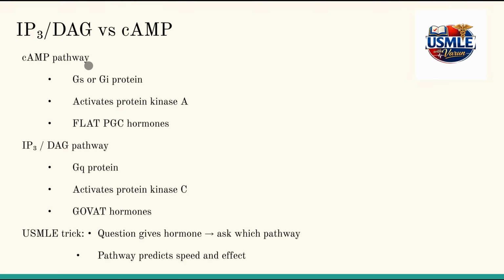So we just need to memorize this: when there's a mention of protein kinase activation leading to a cellular response in the question, you need to remember that cyclic AMP means protein kinase A, and IP3 DAG means protein kinase C.